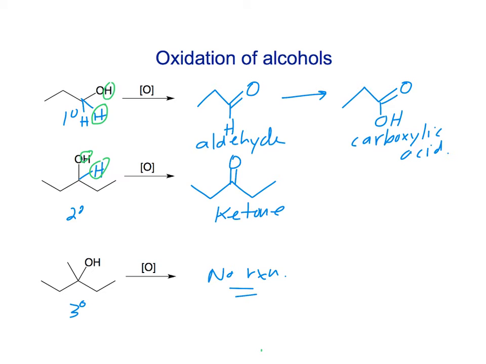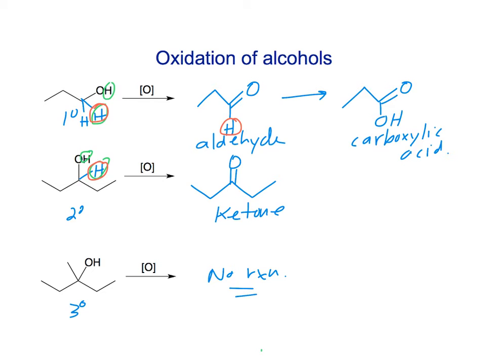So what's the trend here? What we see is that alcohols can be oxidized as long as they have a hydrogen on the carbon bearing the oxygen. Primary alcohols can oxidize once. The aldehyde has an oxygen attached to the carbon bearing the oxygen.